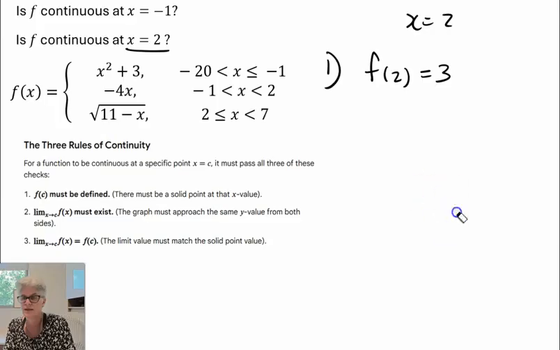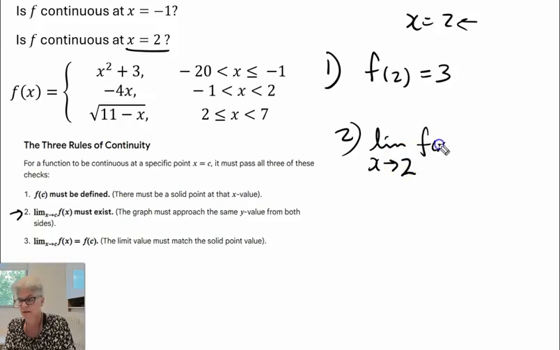Now let's look at that second condition. The second condition says that the limit as x approaches 2 of f of x has to exist. Let's look at the left-hand limit.